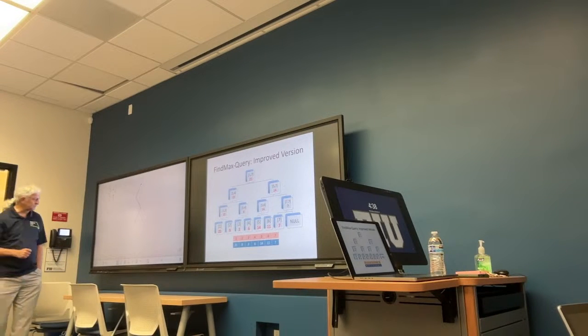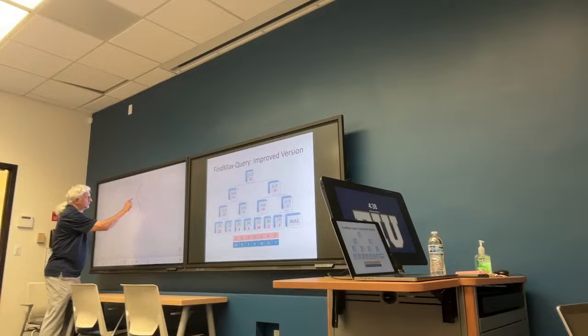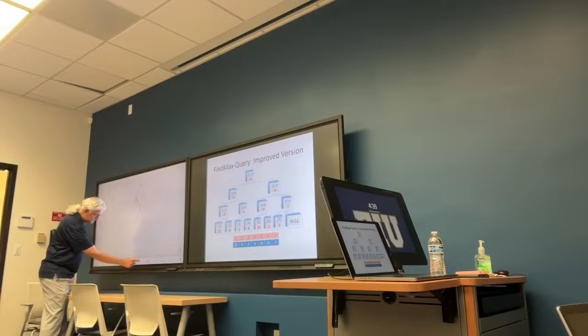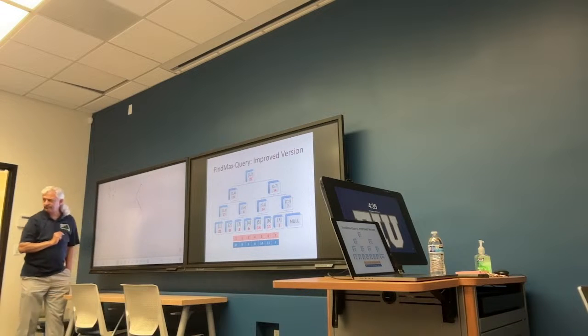And in each case, I ignored a bunch of subtrees. All right, I'll just do it here. In each case, I ignored this right subtree, I ignored this left subtree, I ignored this right subtree, and I ignored both the right and the left subtree over here.